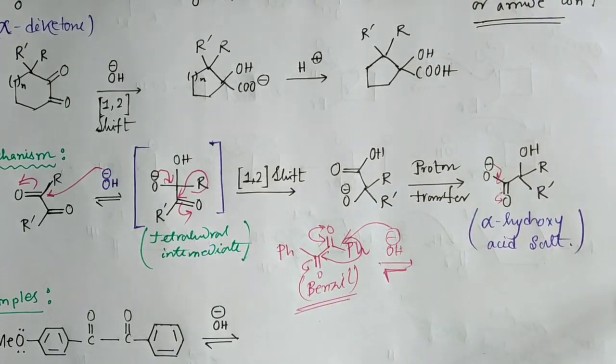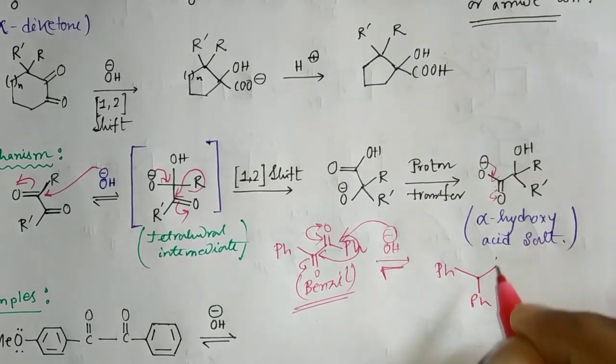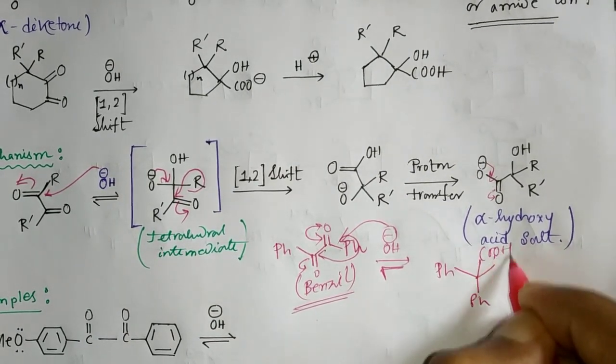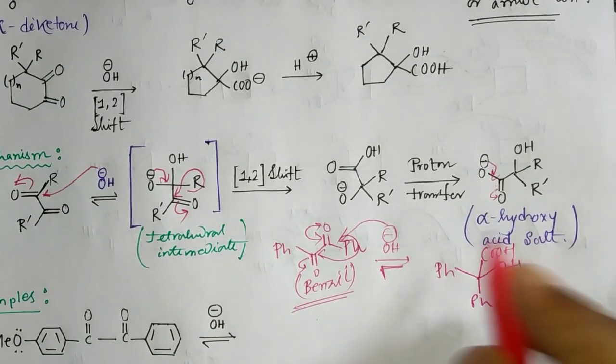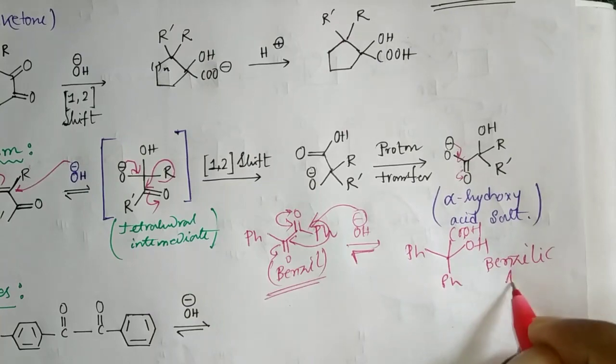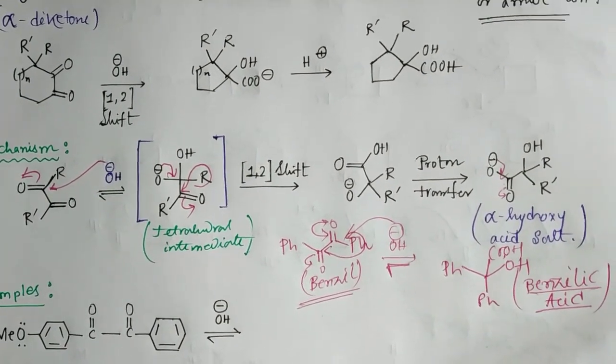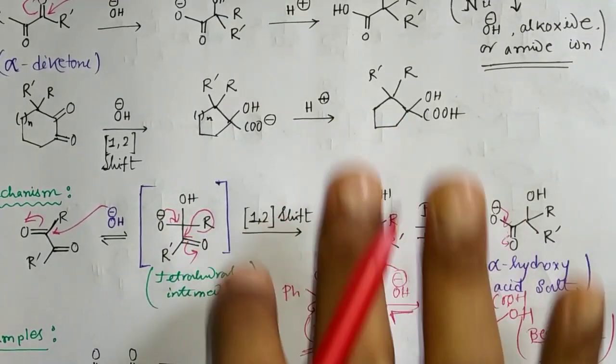The product you get has Ph, COOH, and OH, so this is your benzilic acid. This reaction is also named the benzil to benzilic acid rearrangement, so selectively that is called benzilic acid rearrangement.